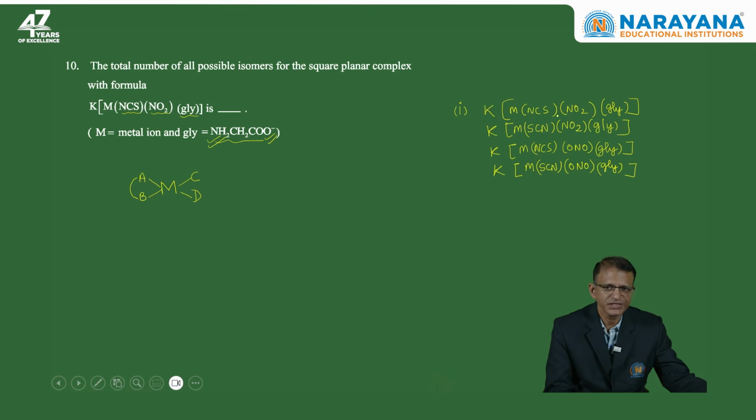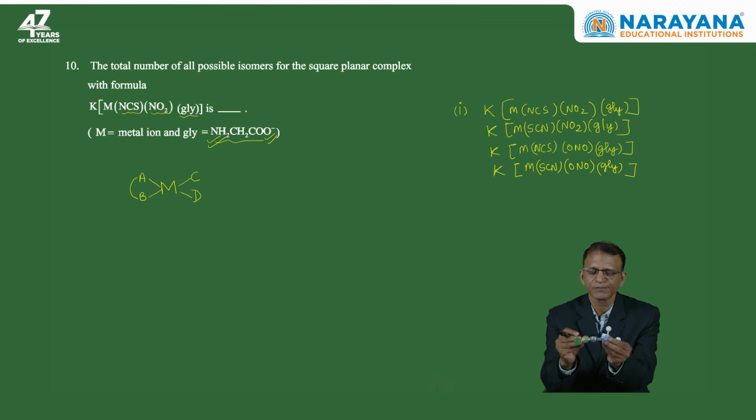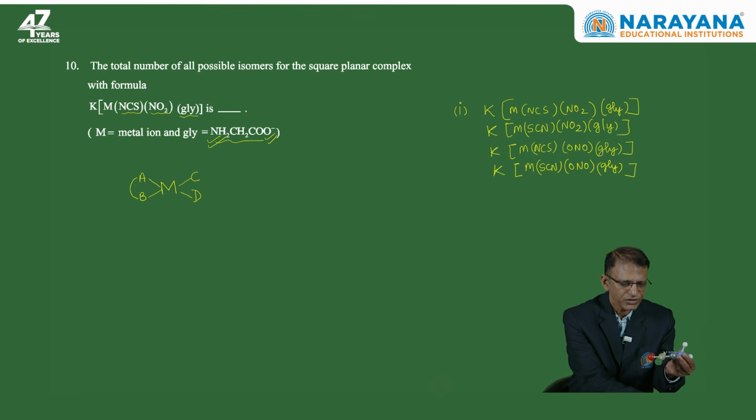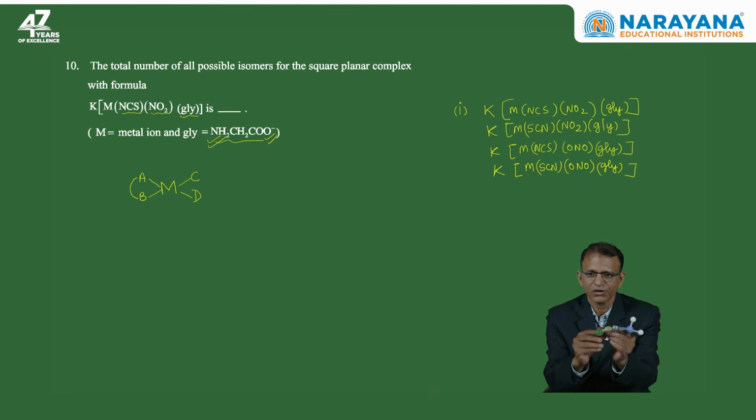Now we are discussing the geometrical isomerism in each, because if you see all these 4 structures, they are square planar, right? In this square planar geometry, you can see that this yellow ball is acting like a central atom, and this is the bidentate ligand, and this is the CH2 group where 2 hydrogen atoms are there.